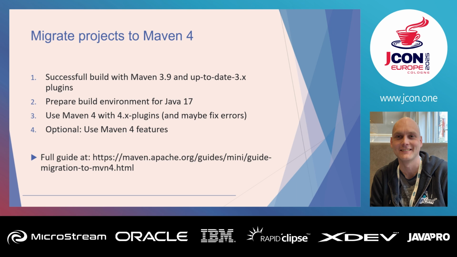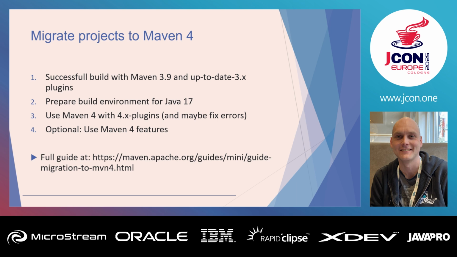What do you have to do when you want to migrate to Maven 4 or prepare for Maven 4? The first thing, you should make sure that your build runs successfully with Maven 3.9 and up-to-date 3.x plugins. There are some Maven core plugins where version 4.x versions are already available in alpha or beta state, most probably.